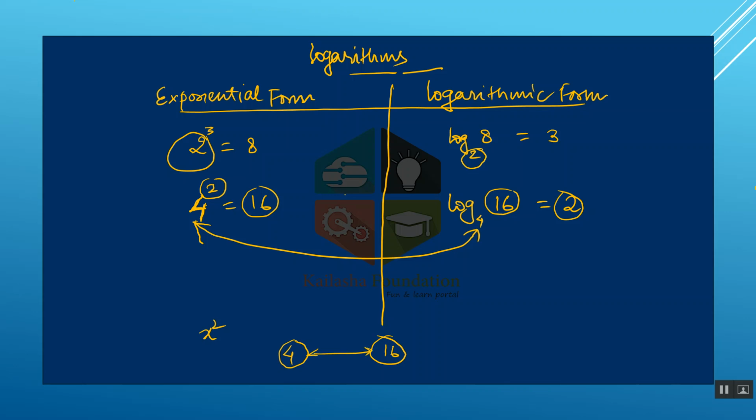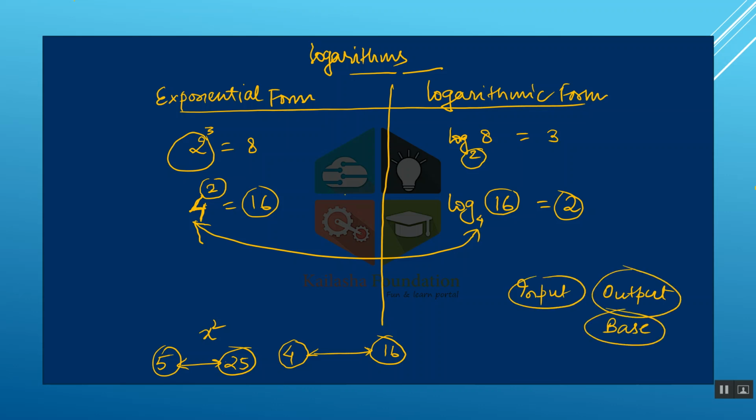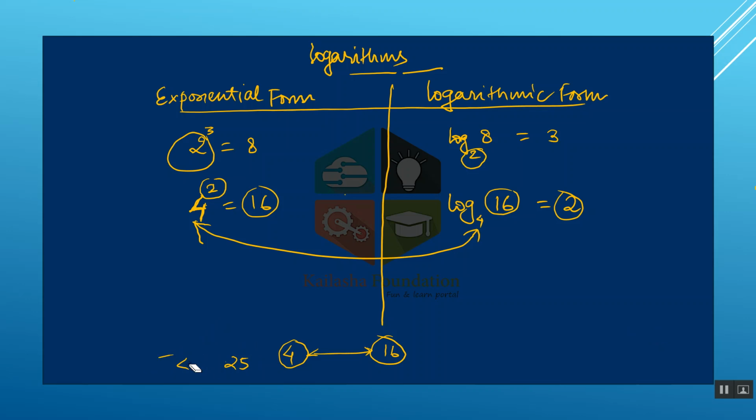When we talk about x square, we put 5 and we get 25. So two numbers at a time. But when we talk about log, we have three things: input, output, and base. Because base is also very important. Without knowing the base, we can't say anything about log or values.